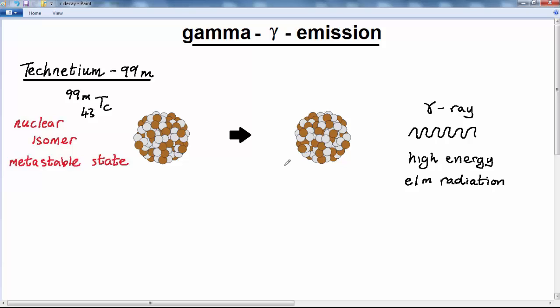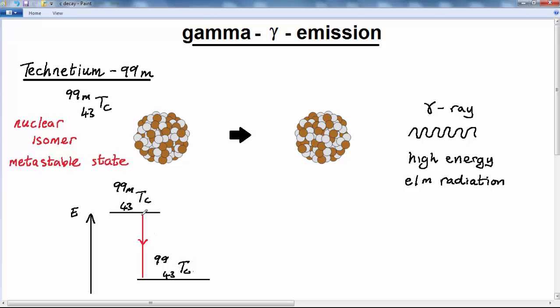All right, and we can represent that with an energy level diagram. Okay, so this is our energy state for technetium-99m, and you can see that when that decays, it emits a gamma ray and drops down to a lower energy state of technetium-99.